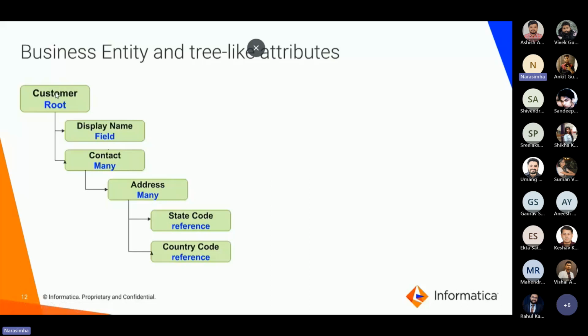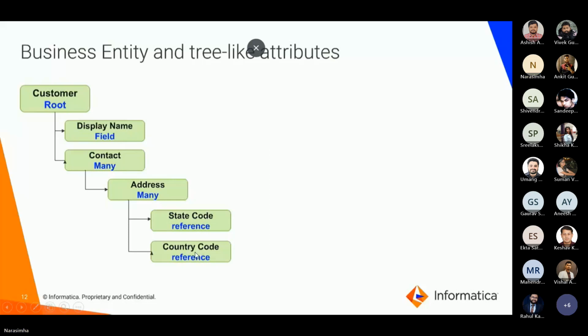For example, at the root level, we can see display name, which is one of the field. Then followed by contact, which is a child. Similarly, contact level also we can have fields. Address level also we can have fields. Then the correspondence here: root to contact is many, contact to address is many, and address to this is reference.